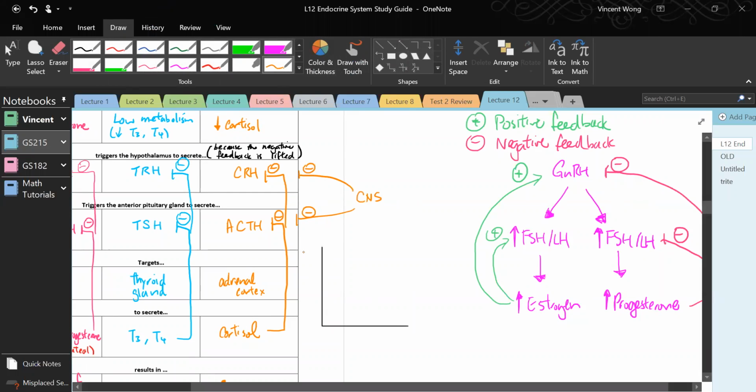So this would be cortisol level here, and then this would be time. When you're not chronically stressed, the cortisol level might just fluctuate up and down a little bit because of its own regulation.